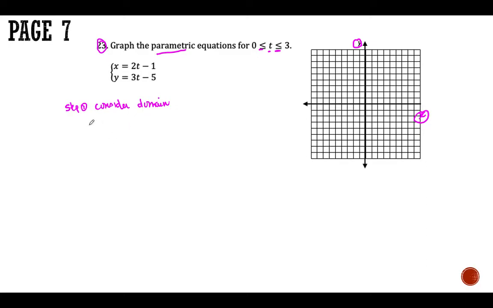So what is at 0, when t is equal to 0? What is x equal to? When t is equal to 0, what is y equal to?